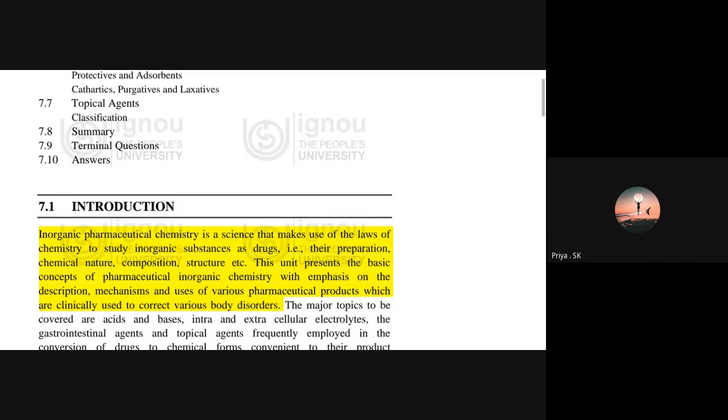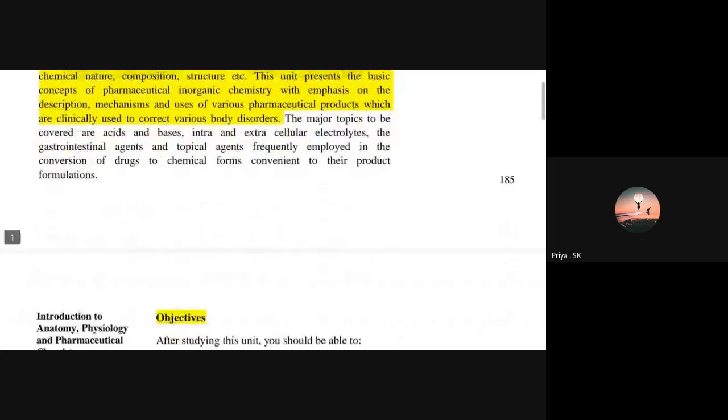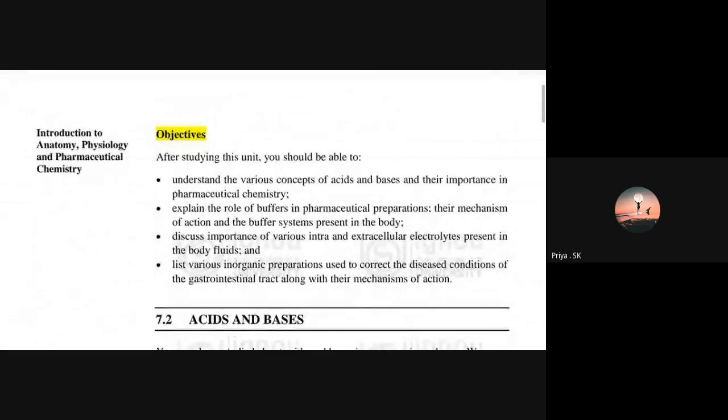So, in this chapter, we'll study the inorganic pharmaceutical chemistry, and in the next chapter, we will study the organic chemistry. So, what are the objectives of this unit? Understand the various concepts of acids and bases and their importance in pharmaceutical chemistry.